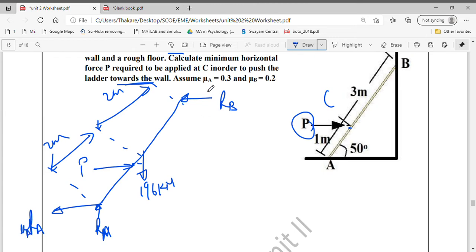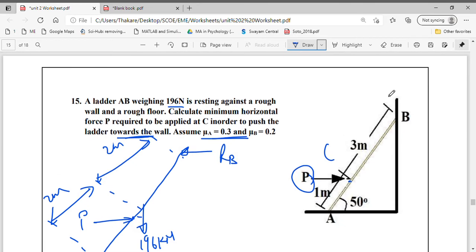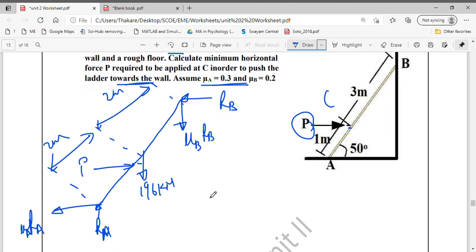They have given you two different coefficients of friction, and if this is moving in this direction, B point will be moving in upward direction, and if B point is moving in upward direction, the frictional force will be acting in downward direction. So this is mu B into Rb. Okay, this is how you have drawn the free body diagram of the given ladder.